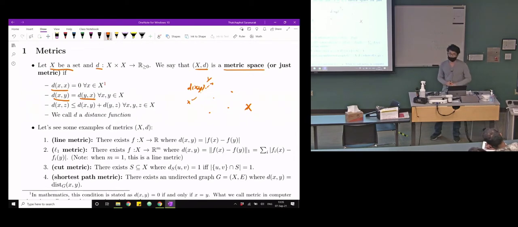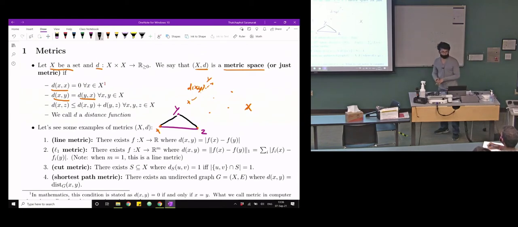It's called the triangle inequality, which means that if you have point x and point y, and then you have point z, maybe I draw it this way, you have point z and y here. What it says is that the distance from x to z must be at most the distance from x to y plus from y to z.